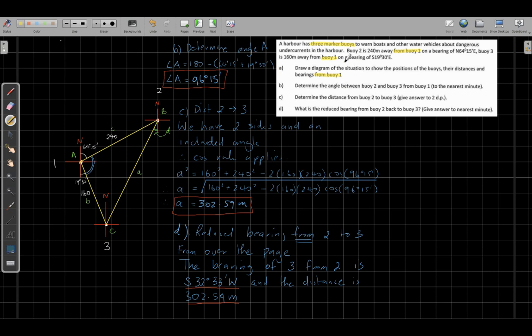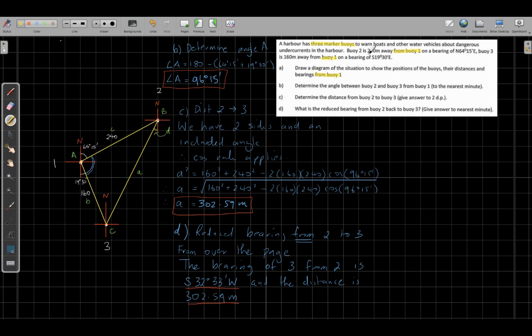So what I did to approach drawing this was, because each of the other 2 buoys is in relation to buoy 1, I drew buoy 1 first. There's the buoy. Over that, draw a set of compass arms. Otherwise, you'll have no idea where to draw these other ones, because you need the compass arms to strike your bearing, and so you know which distance, which direction it's off in, okay?